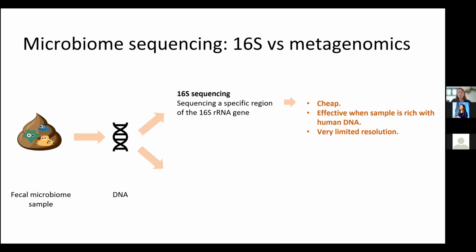It has limited resolution because you can only differentiate between taxonomic classes as much as their 16S gene is different. But this approach is pretty cheap, and it's also very effective when you sample body sites in which you have a lot of human DNA and not a lot of bacterial DNA. So this will have better yield.